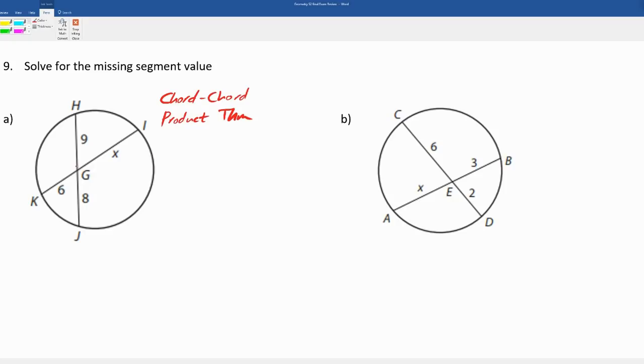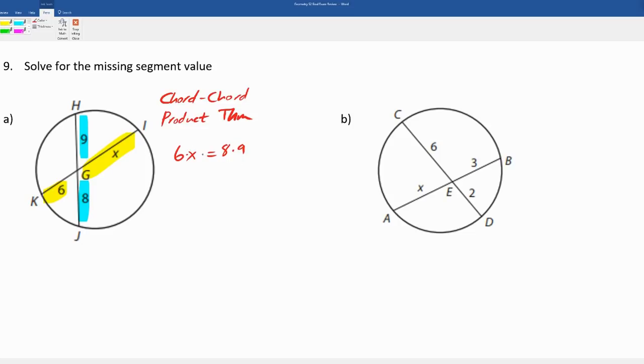And basically that says, well, this guy right here, x, let me use a highlighter, x times 6, or 6 times x, should equal the 9 times that 8, or that 8 times that 9.